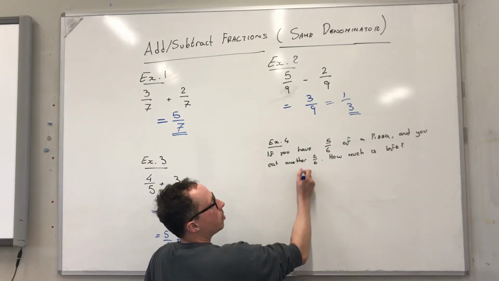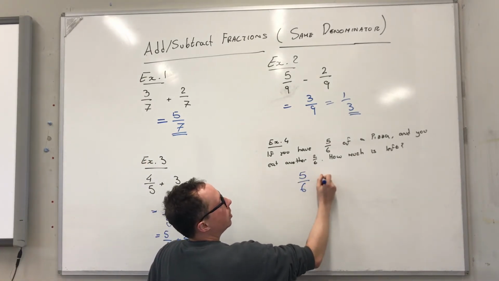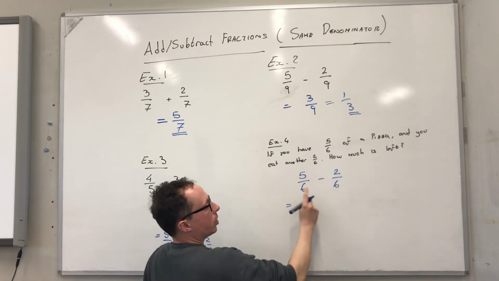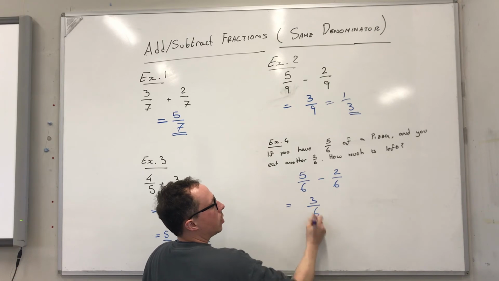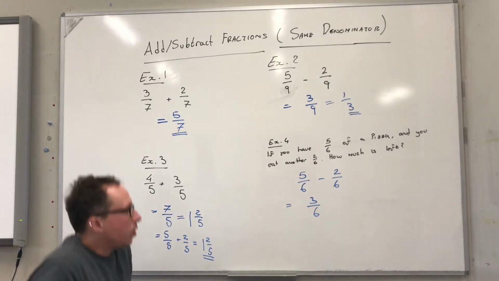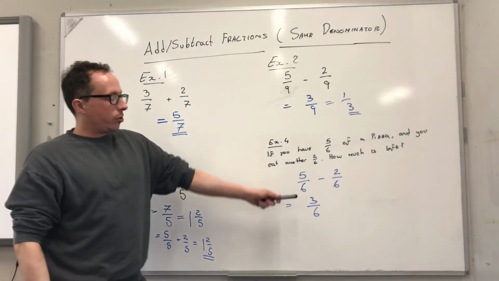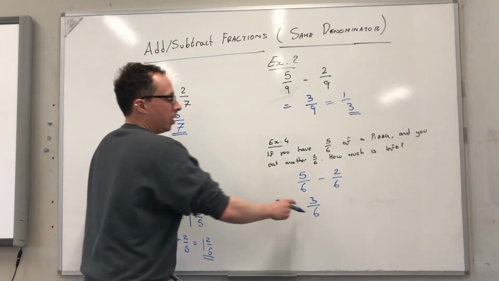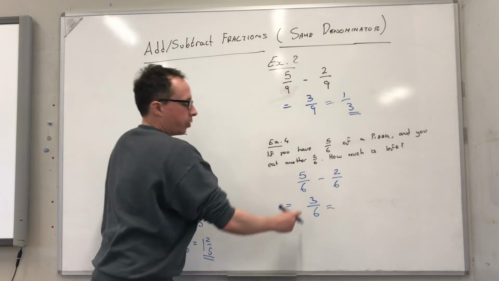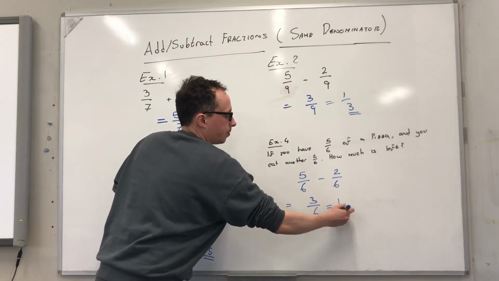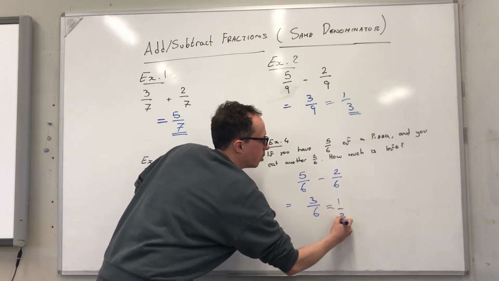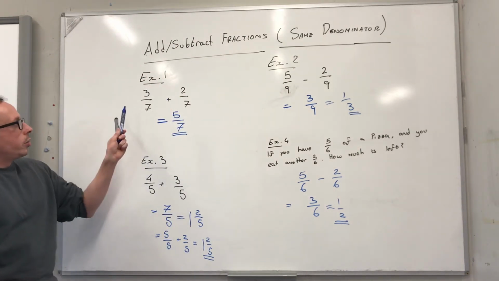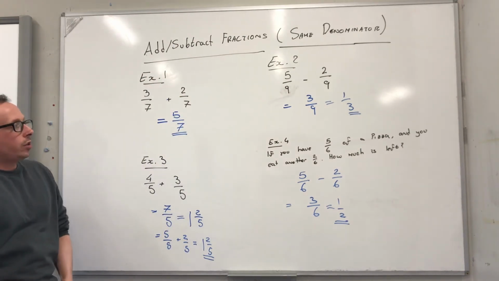So we can set it up to be 5/6 minus 2/6, which gives us 3/6, and then all we need to do is check whether or not that can simplify. 3 and 6 are in the same times table, so 3 divided by 3 becomes 1, 6 divided by 3 becomes 2.